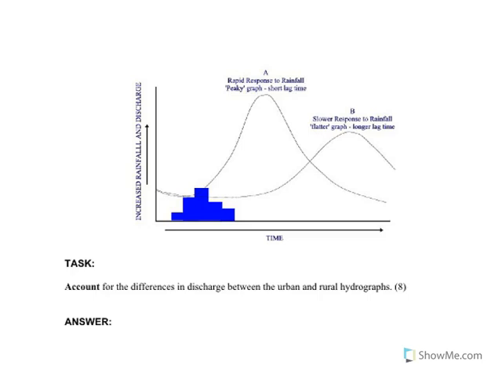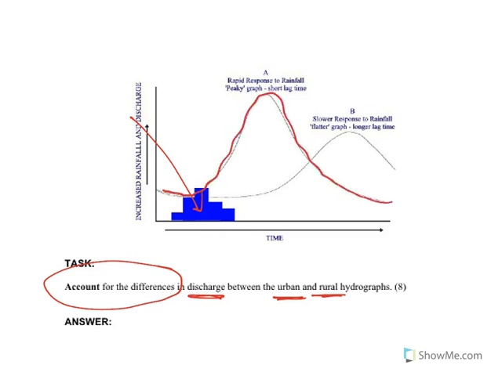Okay, in this tutorial I'm going to help you account for the differences in the discharge between a rural and an urban hydrograph. Now in this question we cannot rely on explaining the rainfall changes which are shown in the bars, because actually we've got the same rainfall, we just happen to have two very different hydrographs.